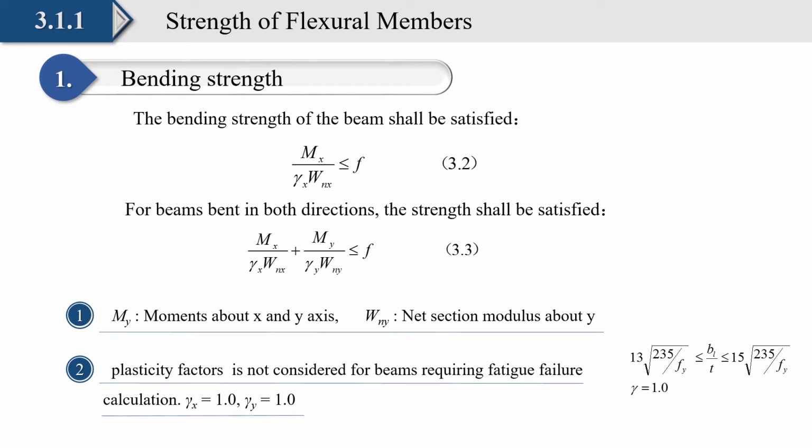Mx and My are moments about the x and y-axis. Wny is the net section modulus about y. Plasticity factors are not considered for beams requiring fatigue calculation. Gamma x equals 1. Gamma y also equals 1.